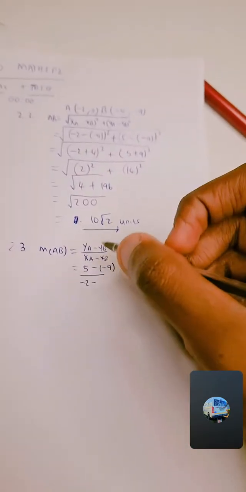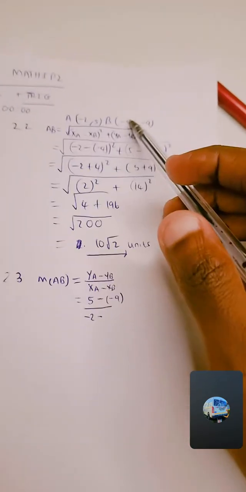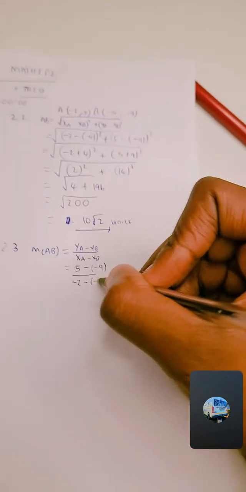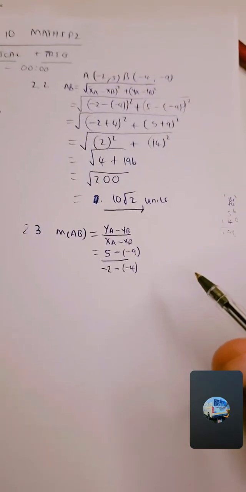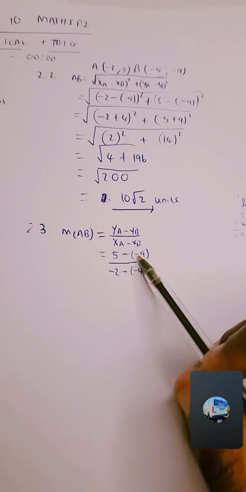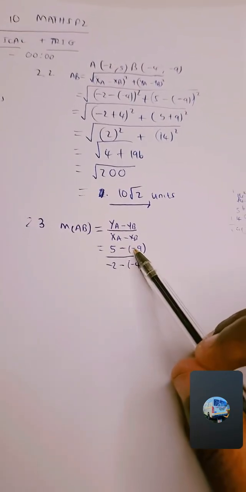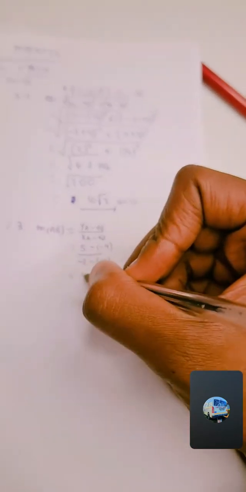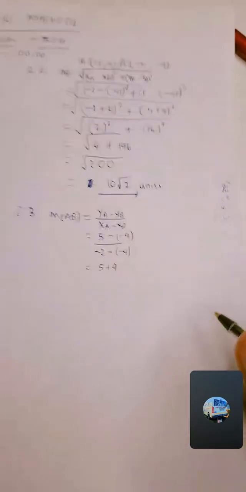Minus in the formula is already there. X coordinate of B, we have -4. So we put the brackets again so that the -4 is secure. Then the signs there next to each other multiplied. Plus. Exactly. Thank you so much.